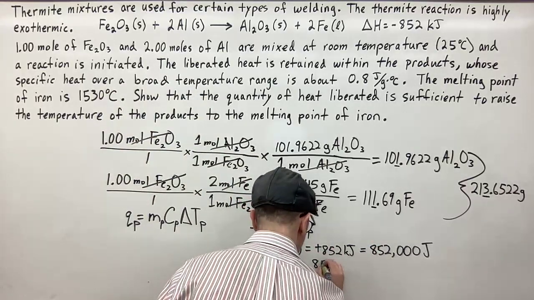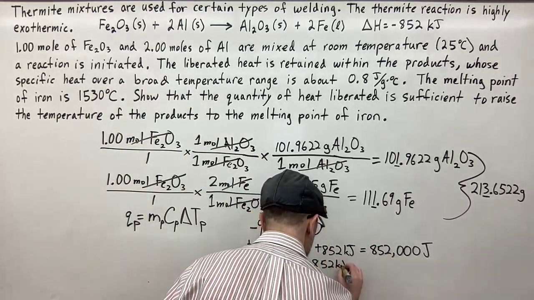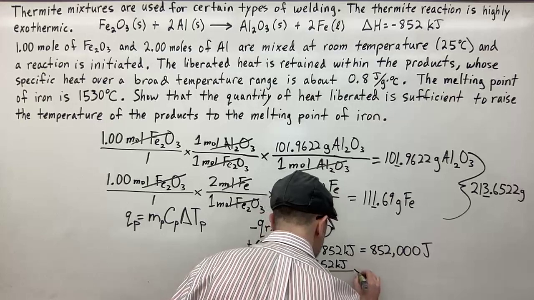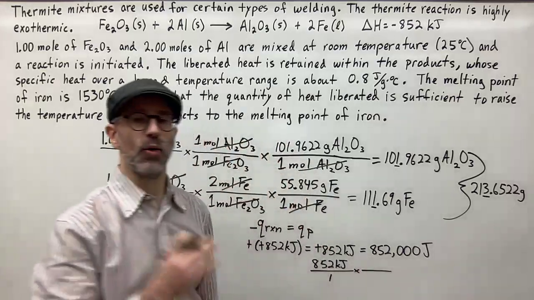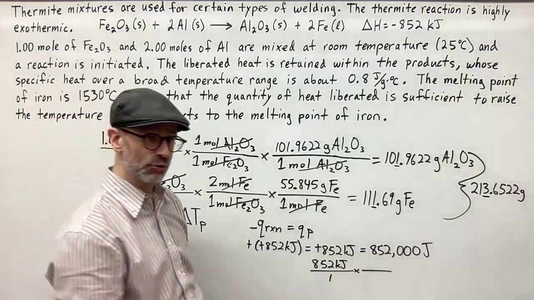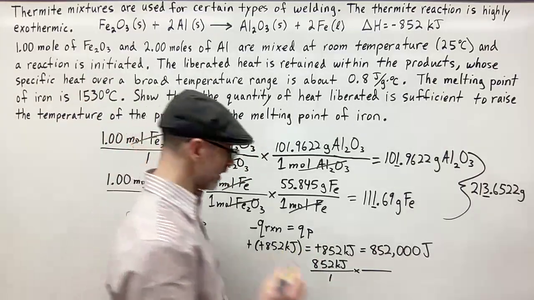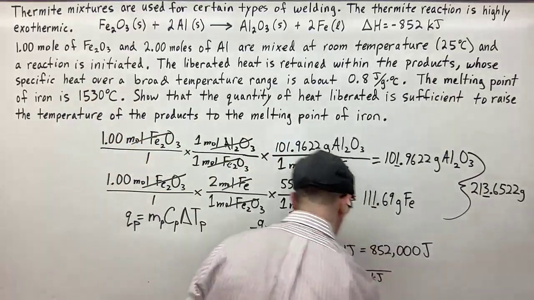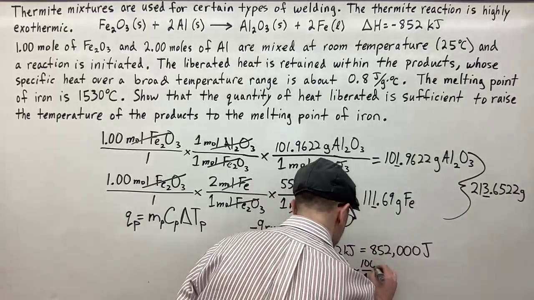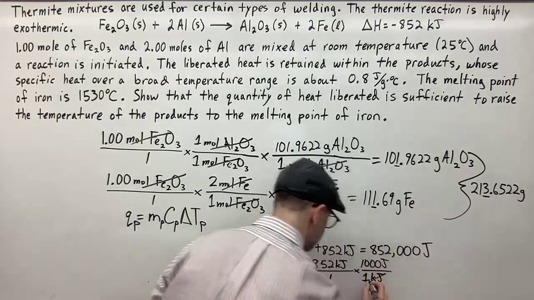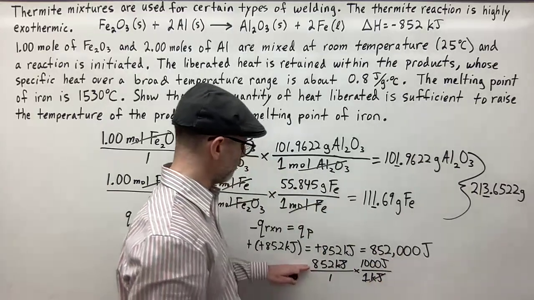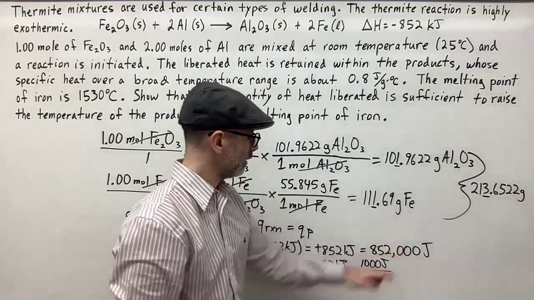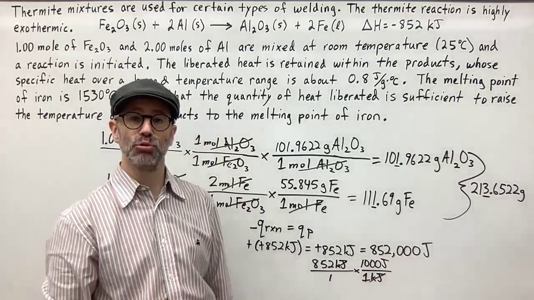And we get that by the conversion factor. So I have 852 kilojoules over 1. I know that 1 kilojoule is equal to 1,000 joules. That's what kilo means, 1,000. So 1 kilojoule on the bottom, 1,000 joules on top. Kilojoules cancel out. So 852 times 1,000 gives me 852,000 joules.